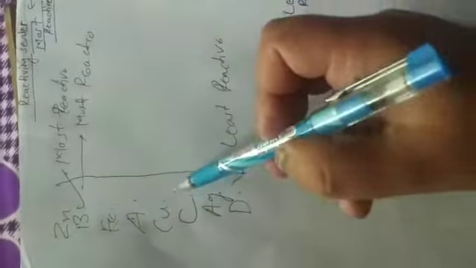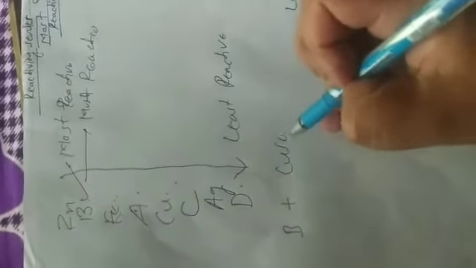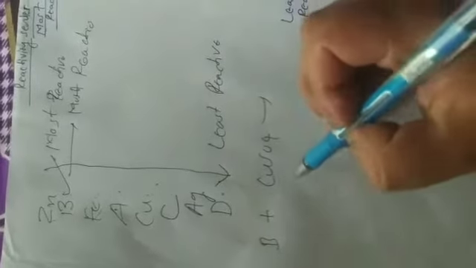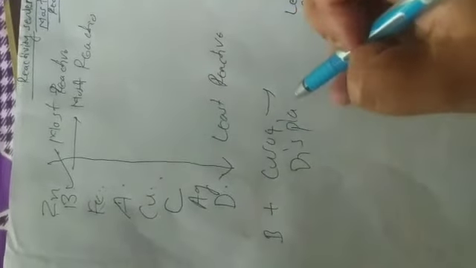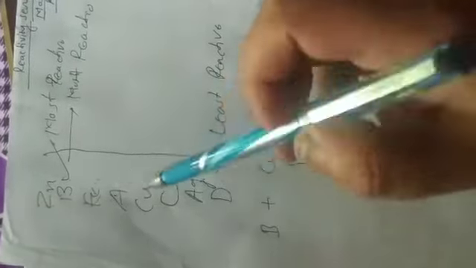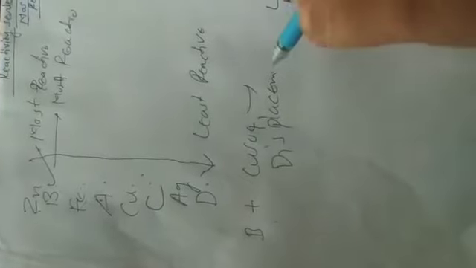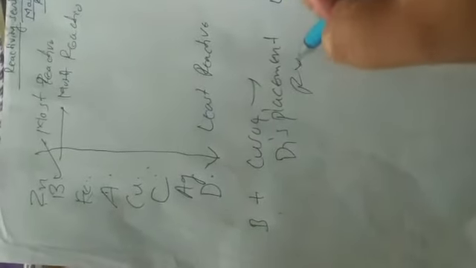The second is, what would you observe if B is added to a solution of copper sulfate? B is more reactive than Cu. If B is added to copper sulfate, then a displacement reaction takes place, because B is more reactive than Cu.